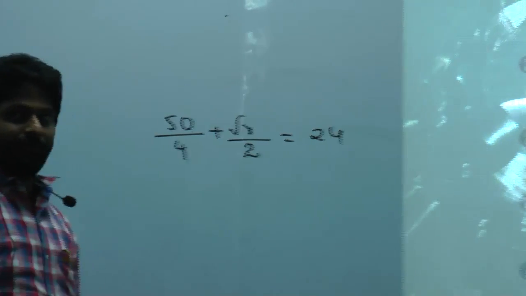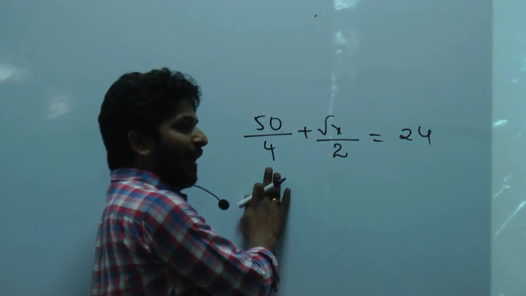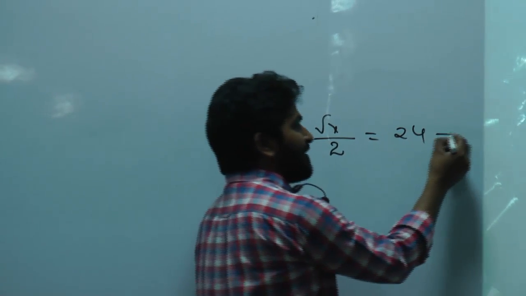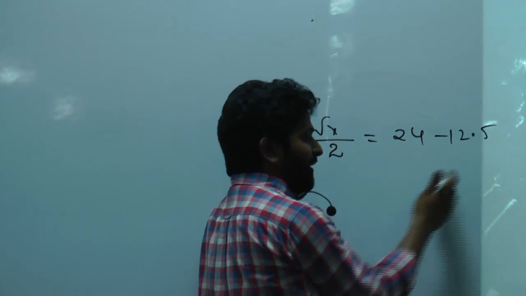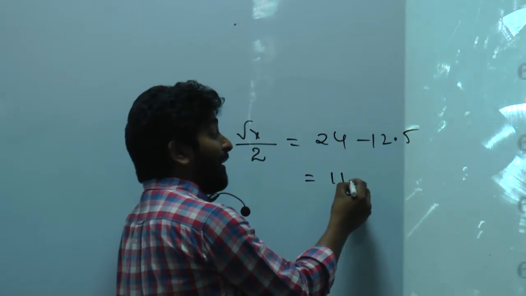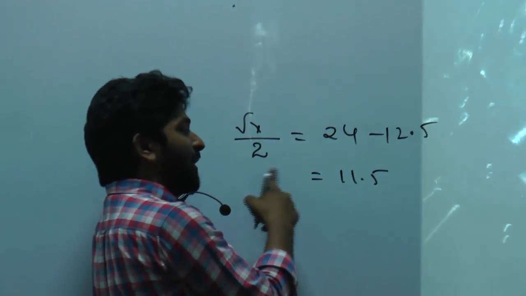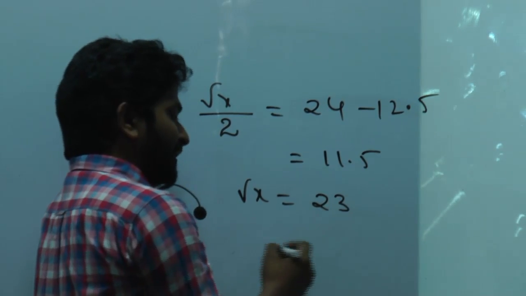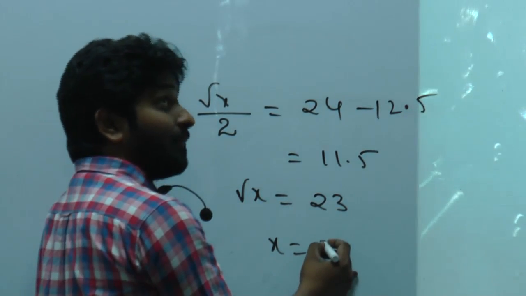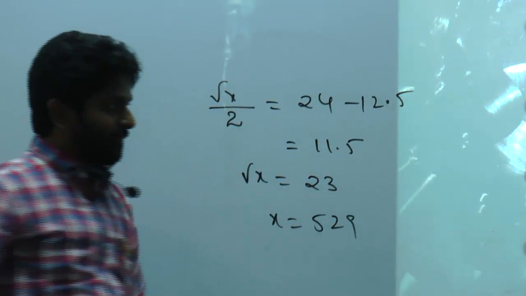Half and half, 12 and half. Take this 12 and half to right hand side. That becomes minus 12 and half. 24 minus 12 and half, 11 and half. Root x by 2 is equal to 11 and half. Root x is equal to 23. X is equal to 23 square, 529.